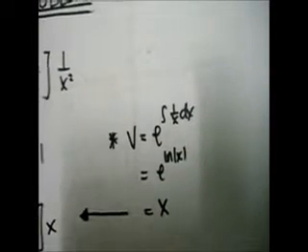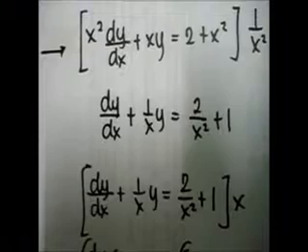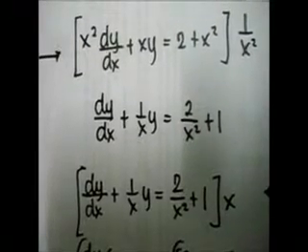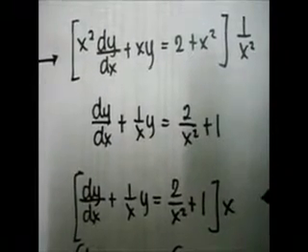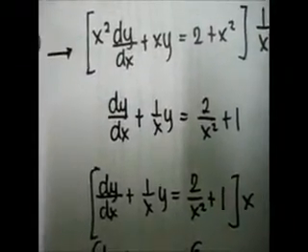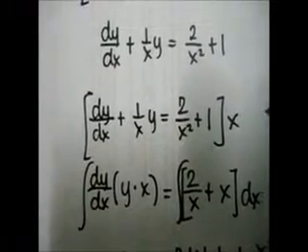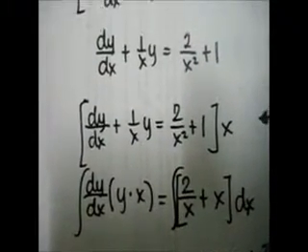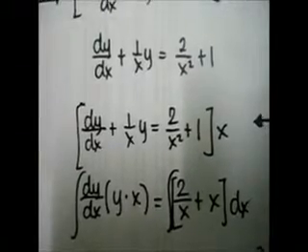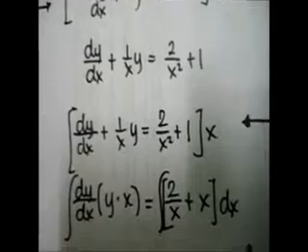So multiplying this to the standard form, we have dy over dx plus 1 over x times y is equal to 2 over x squared plus 1. And since this is just equal to dy over dx times the quantity of the independent variable, which is y, and the integrating factor, which is x.